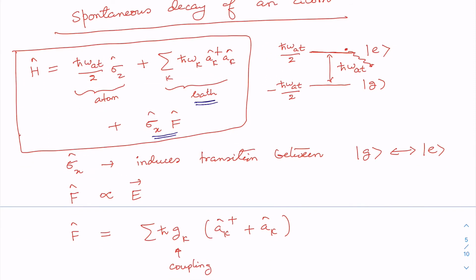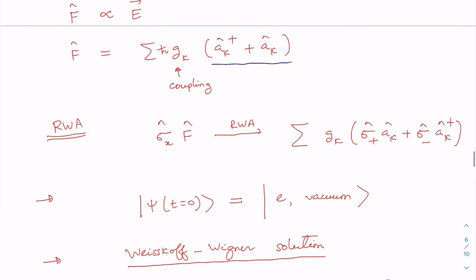In this case we can say that it is the electric field, and we know the electric field is quantized, and it can be represented in terms of the a dagger operator. In normal modes we can write it this way, where zk is the coupling between the bath and the atom.